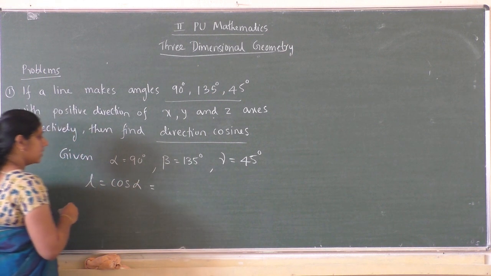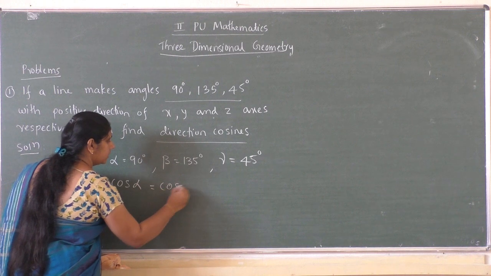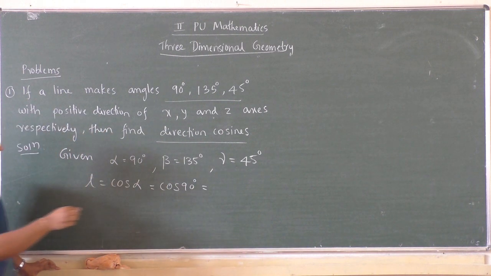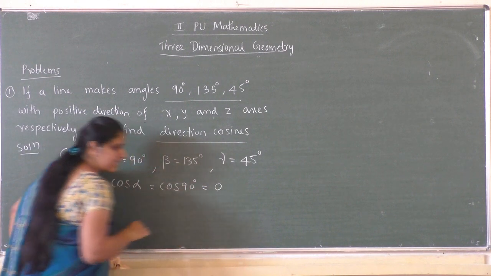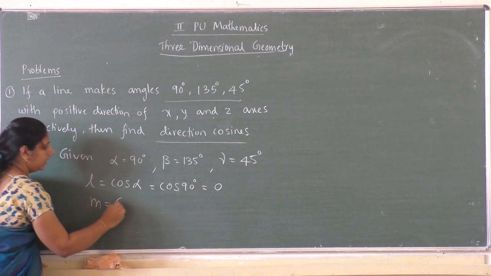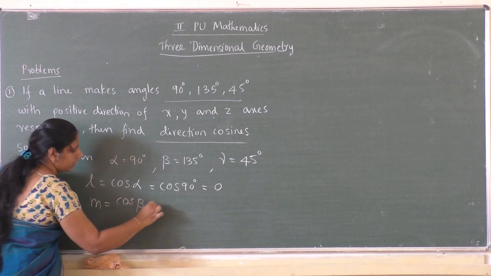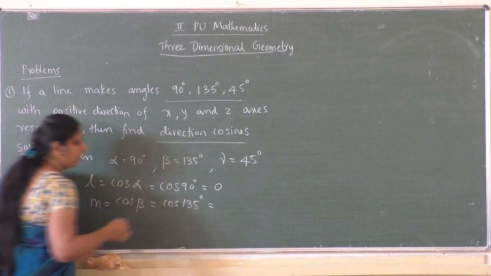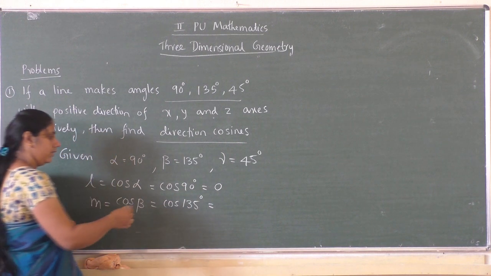So what is cos alpha? It is cos 90 degree, which is 0, right? Next, what is m? m is cos beta. Beta is 135 degree. What is cos 135?